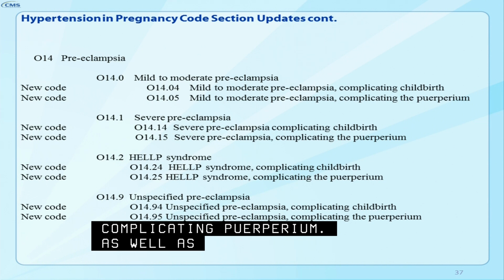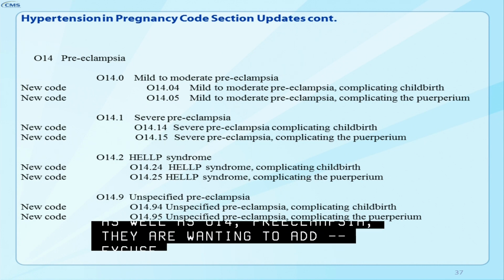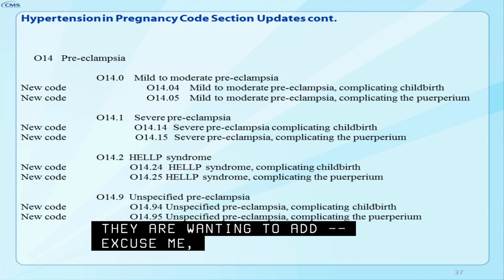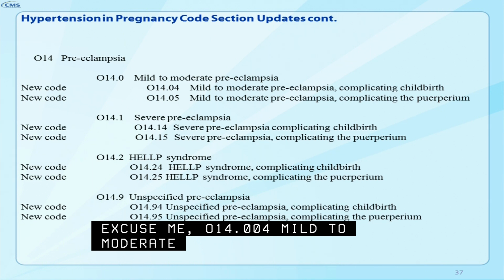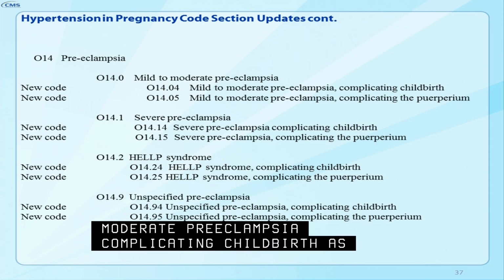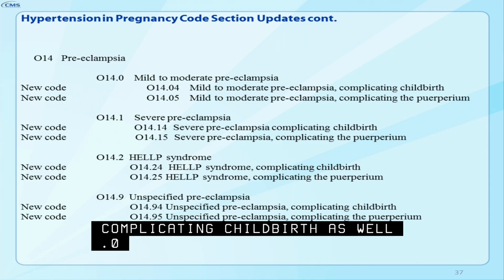They are wanting to add at O14.0, mild to moderate preeclampsia, O14.04, mild to moderate preeclampsia complicating childbirth, as well as O14.05, complicating the puerperium, and so on and so forth, if everyone can see that.